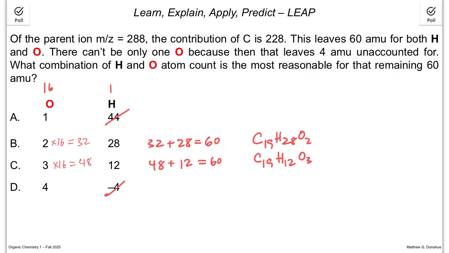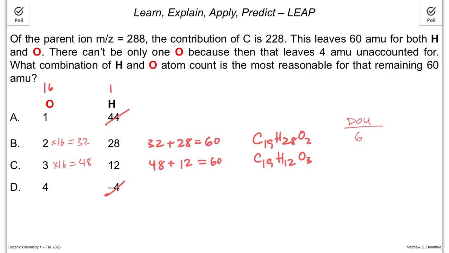I would say calculate the degrees of unsaturation. So if we did that for both of these, how many degrees would choice B have? 6. So again, there's a maximum of 40 hydrogens.